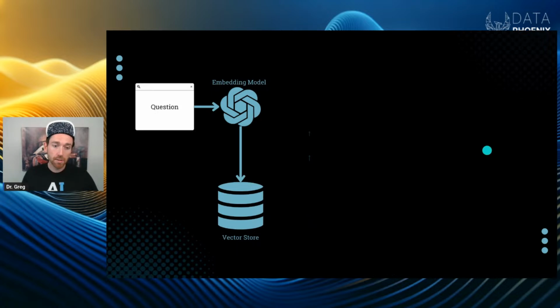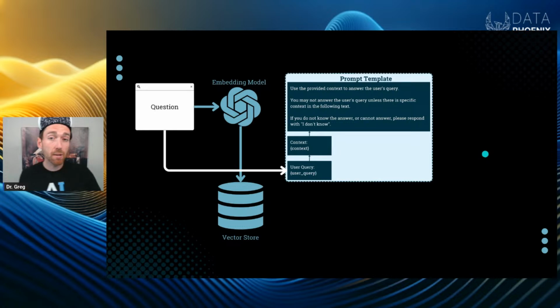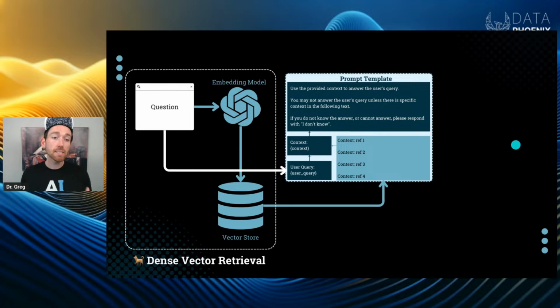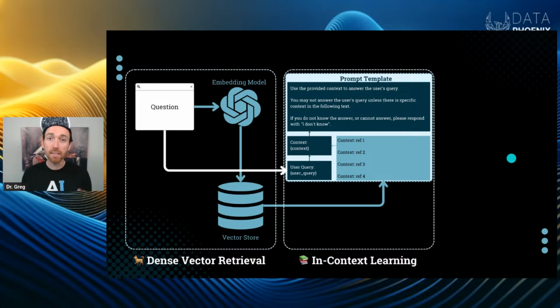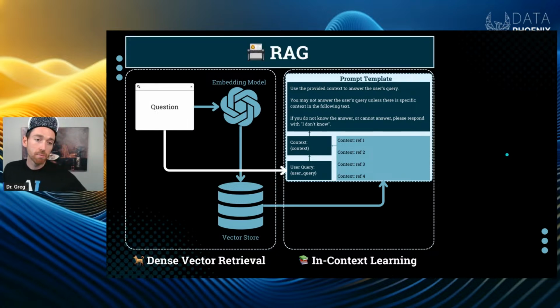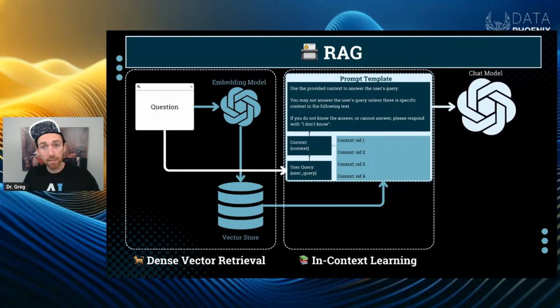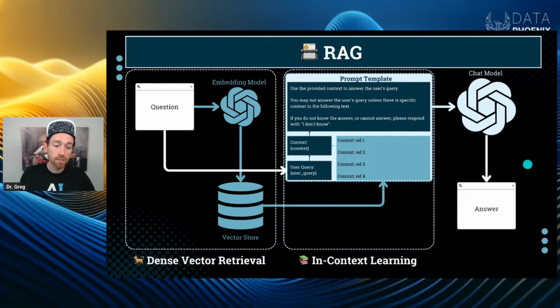We then set up a prompt template and we return the similar stuff that we found, now in natural language, to our prompt. This is the process of dense vector retrieval. By simply adding this context to the prompt, it allows us to do some additional learning. This is the idea of in-context learning. And this, my friends, is RAG. But we haven't actually done the G yet. We haven't actually done the generation, which occurs at the end through the chat model to get our better answer.